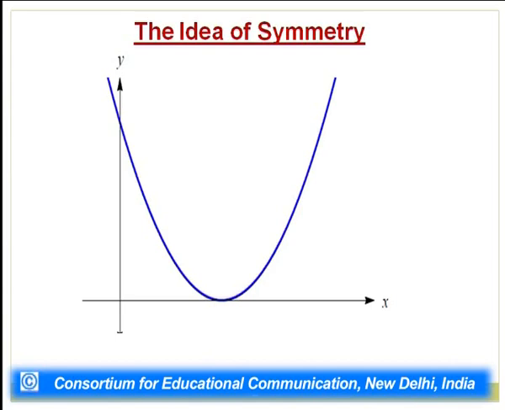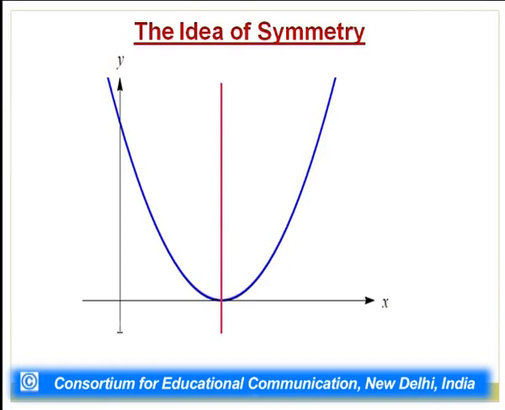The picture that I'm showing you here on this slide, here you have a parabola. Now suppose I draw a line through this parabola. This line is shown in red here. The question I can ask here is, is this graph symmetric about this red line?